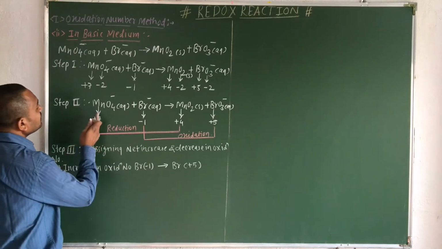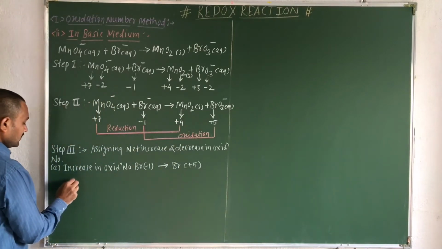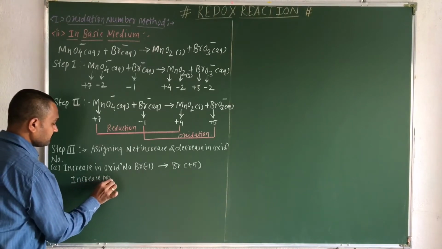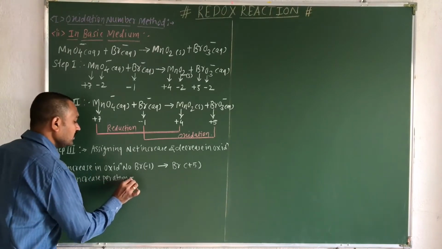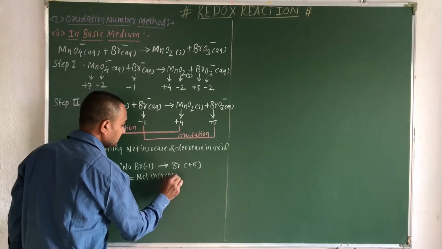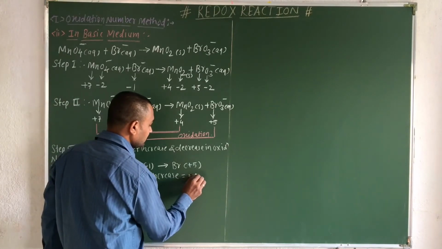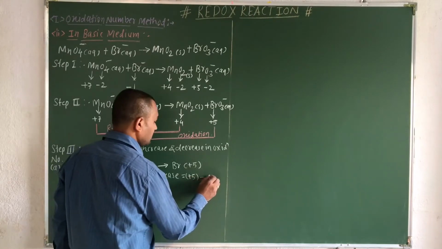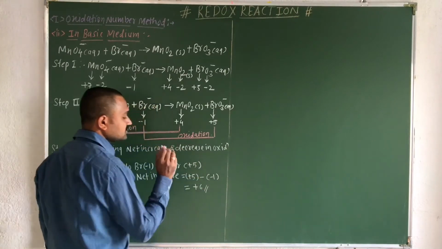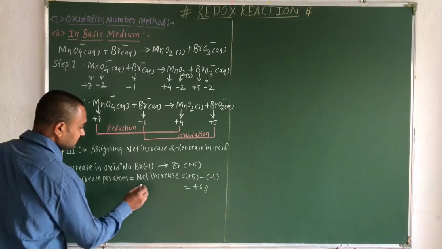As we know, there is only one bromine on each side, therefore the increase per atom equals the net increase, which is plus 5 minus minus 1, which comes out as plus 6. So this is the net increase in the oxidation number.